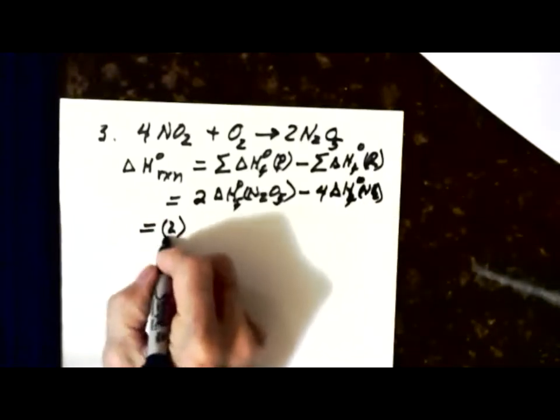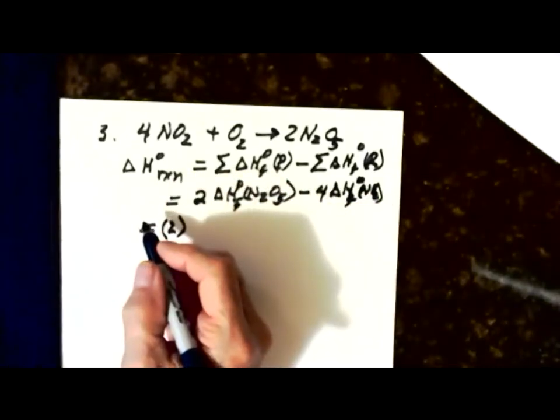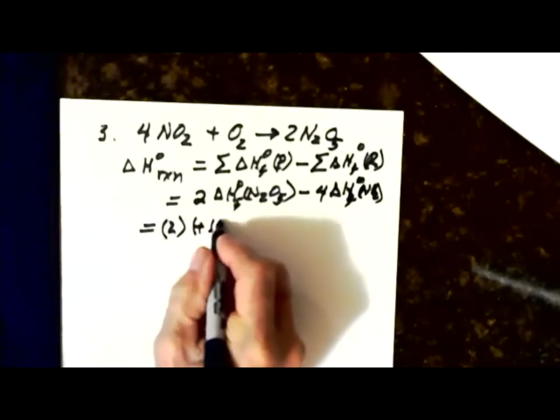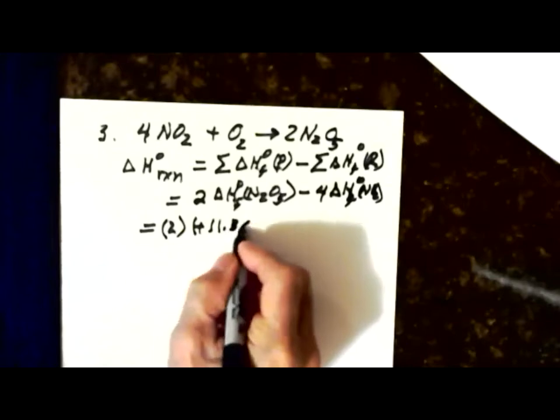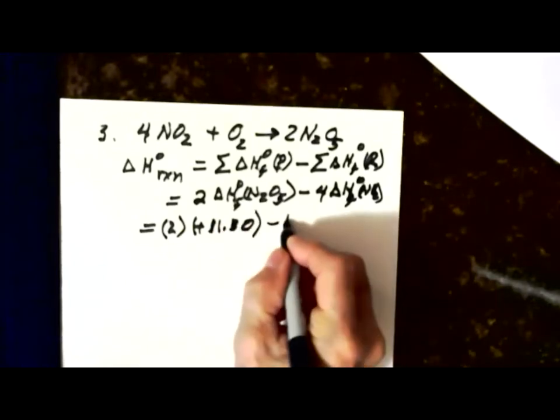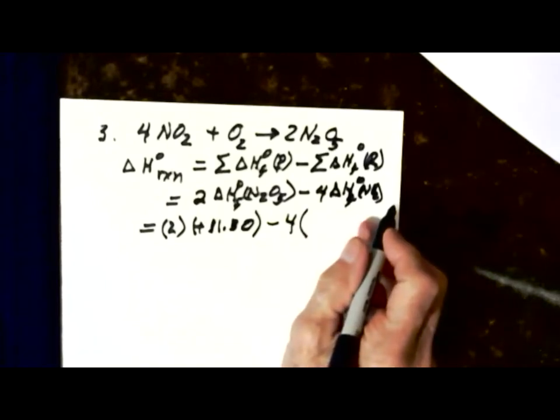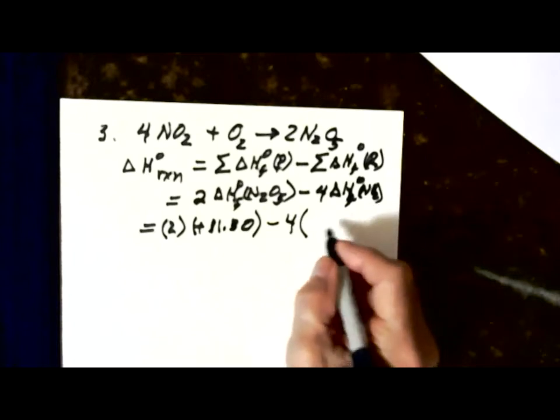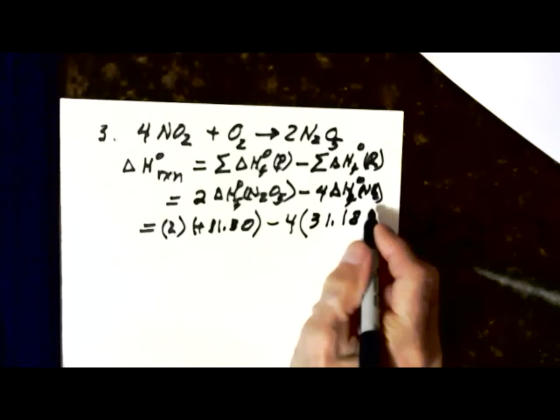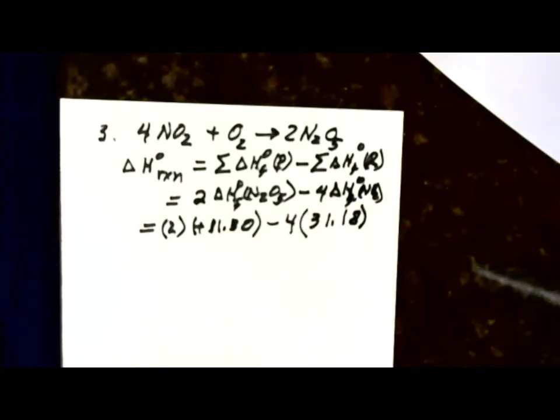Now, the delta H of formation of N2O5 is on the table. N2O5 is the bottom entry on the table. This is plus 11.30, minus 4 times the delta H of formation of NO2, first column, first entry, is 31.18. These are all in kilojoules per mole, times the number of moles, so this answer is going to come out in kilojoules.